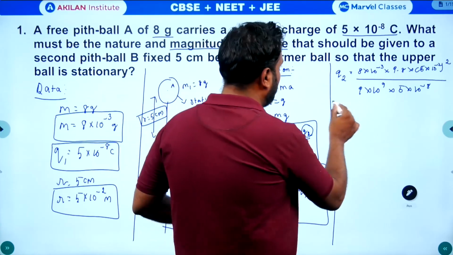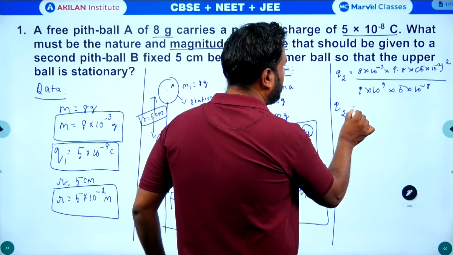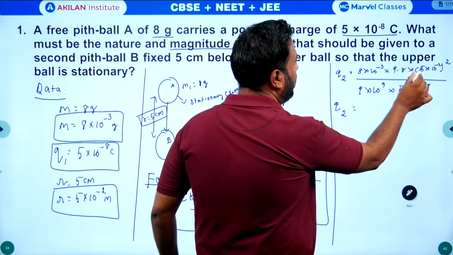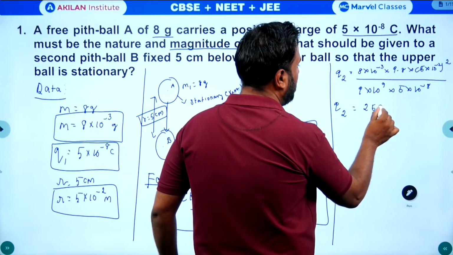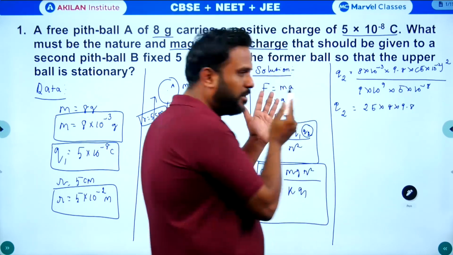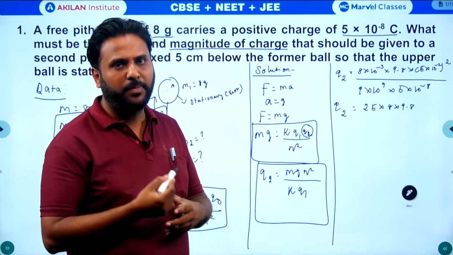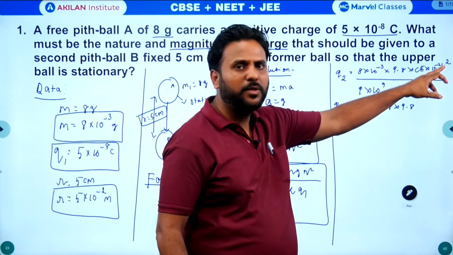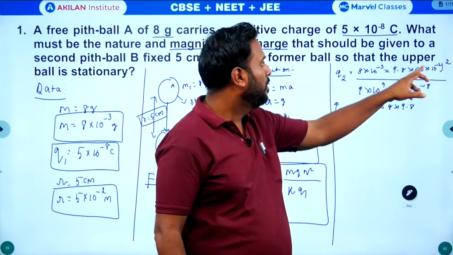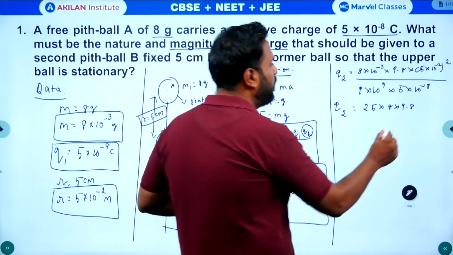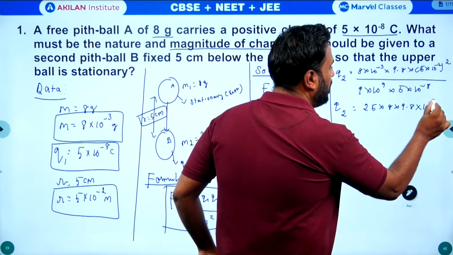Now we have to do the mathematical calculation. First we take the numerical values, then the powers. 5 square is 25 into 8 into 9.8. 10 to the power minus 3, and 10 to the power minus 2 the whole square will become 10 to the power minus 4, so minus 3 minus 4 gives 10 to the power minus 7. This is the numerator.